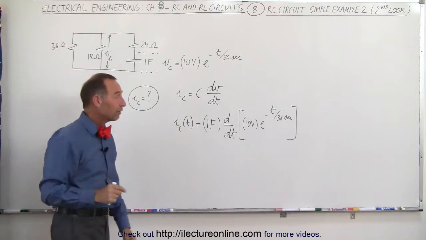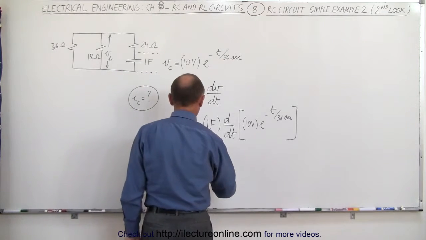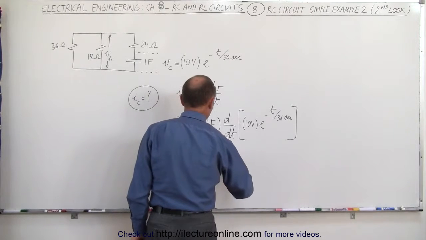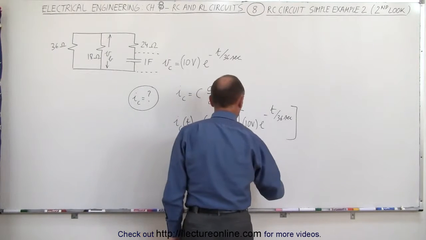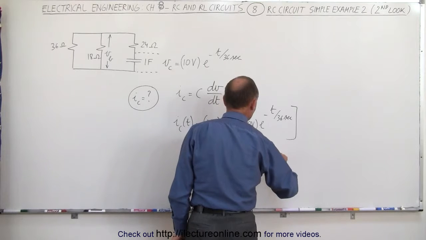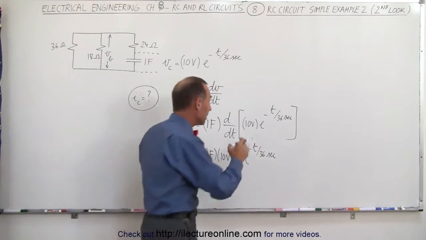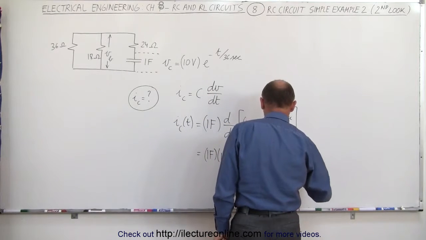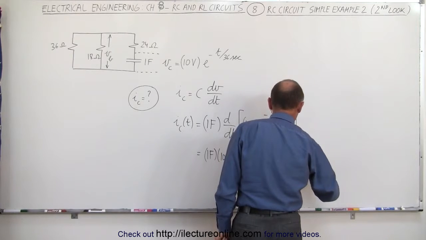When we take the derivative of an exponential function like that, this is equal to 1 farad times 10 volts times the derivative of e to the minus t over 36 seconds. You simply get the same function back, times the derivative of the exponent, which is a minus 1 over 36 seconds.